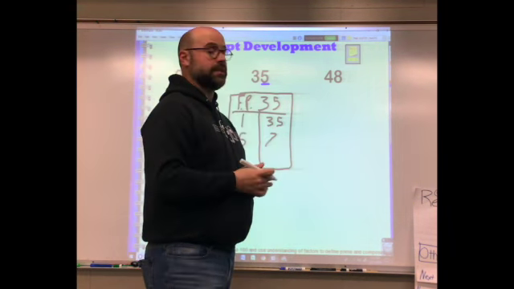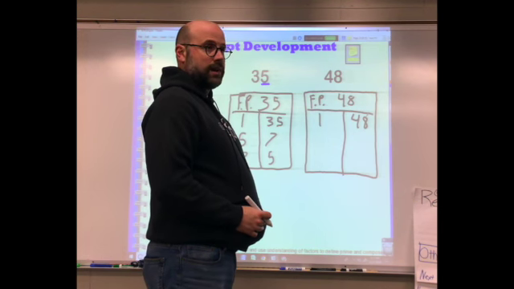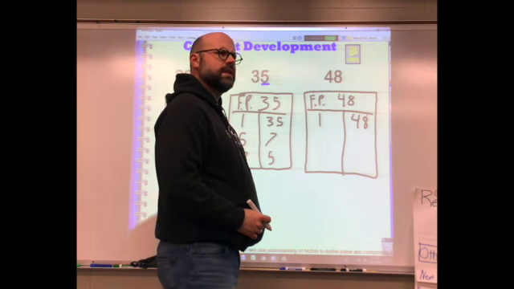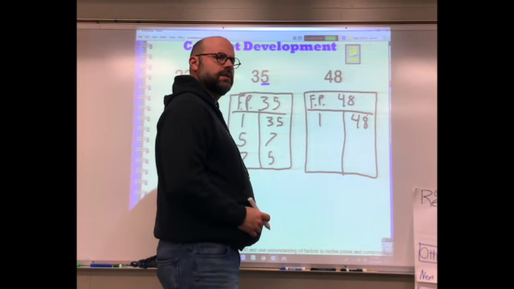And the last one here, 48. The factor pairs for 48. We always start off with number 1. 1 and 48. I told you a divisibility rule earlier, maybe in the lesson Thursday.